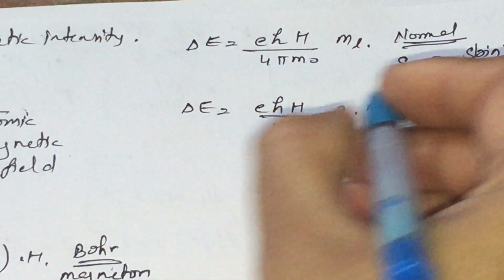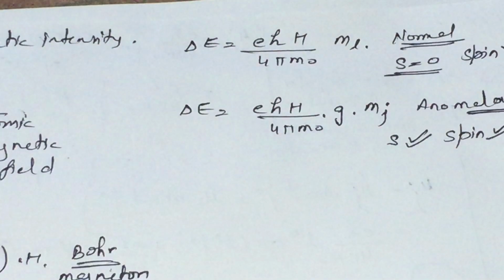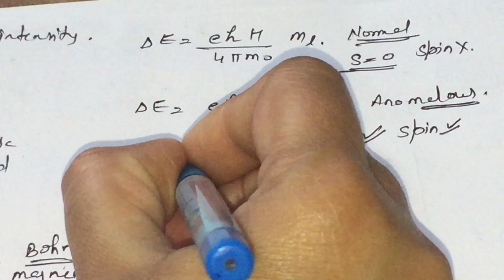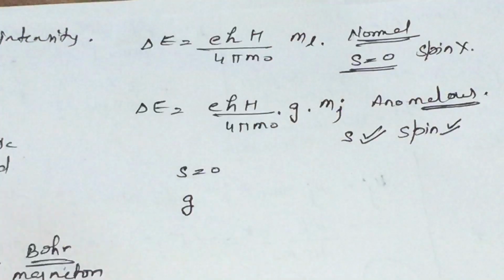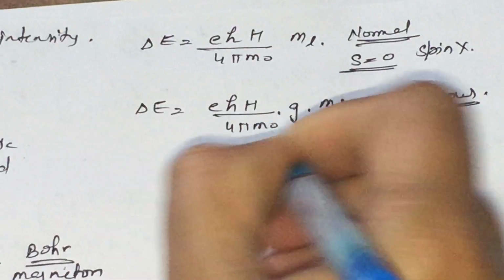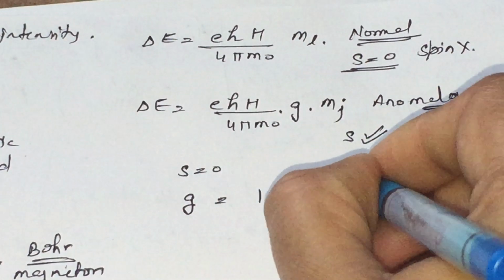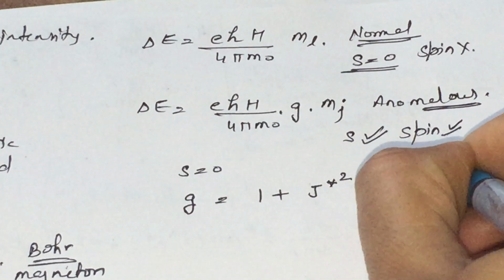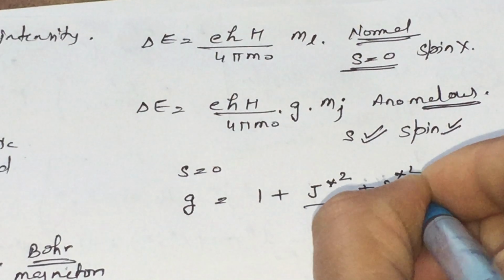If in anomalous Zeeman effect we neglect our spin motion, or we take s is equal to 0, we will find out that g, that is our Lande factor, which comes out to be 1 plus j star square plus s star square minus l star square divided by 2 j star square.